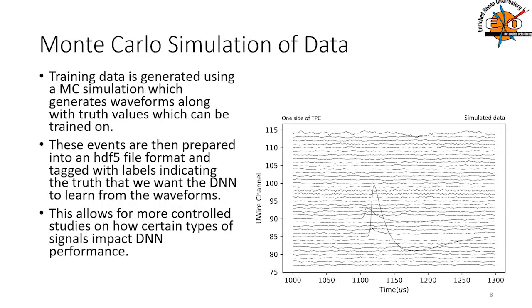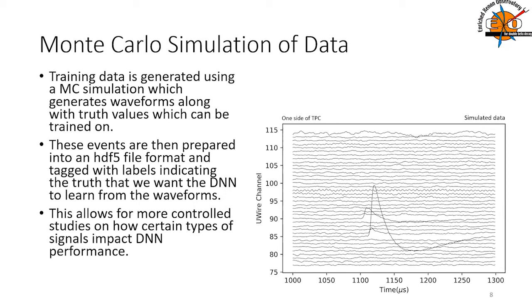So the training data used is Monte Carlo simulated, and we generate waveforms with truth values that can be attached. Once these events are Monte Carlo simulated, they can be prepared into a binary file format to train the neural network. And it's not just signal we simulate; we actually add noise onto our simulation waveforms that we measured in real data.